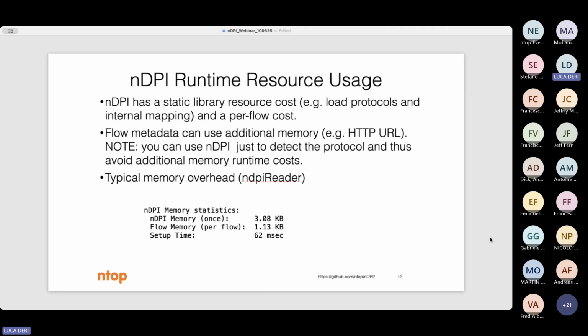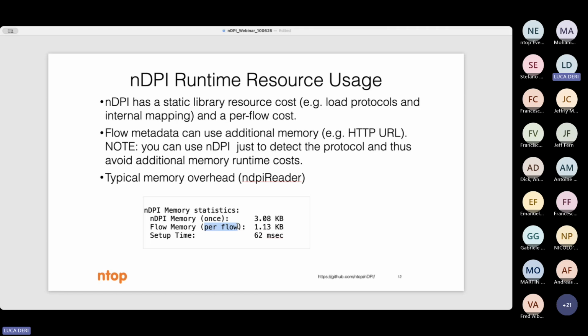But in terms of memory, we have to pay 2 costs. One is the cost of the initialization of the library, that you pay once, okay? In this case, it's about 3 kilobytes. And then you have to pay a certain overhead per flow, because nDPI has to keep a sort of history, or cache, for a flow, where it can store metadata.